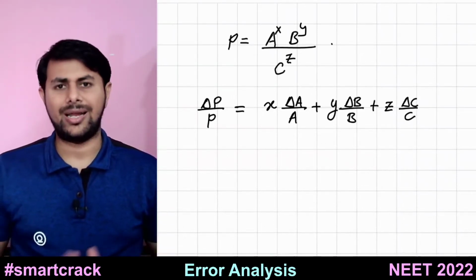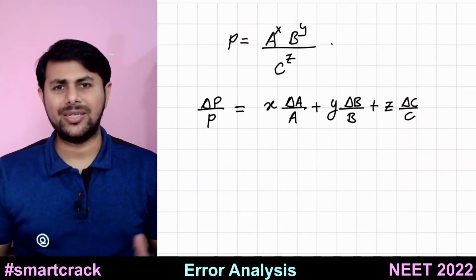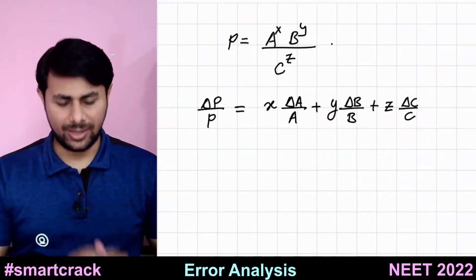All right, and what about the percentage error? Percentage error is just relative error multiplied by 100.